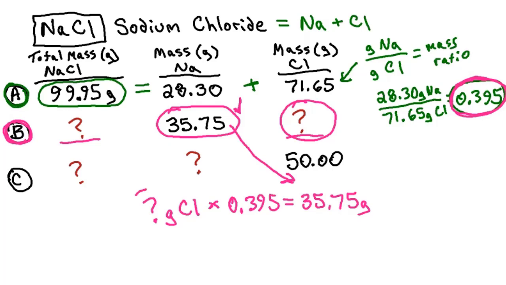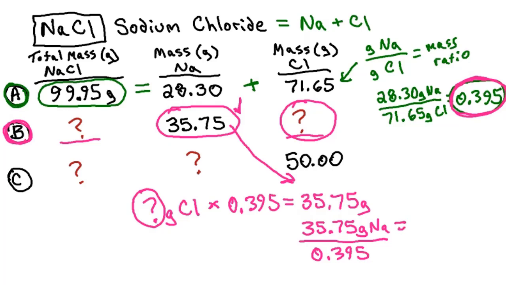So in order to figure out what this question mark is, we can take this 35.75 grams of sodium and divide that by the mass ratio, 0.395. So 35.75 grams of sodium divided by the 0.395 mass ratio is going to equal 90.51 grams of chlorine.